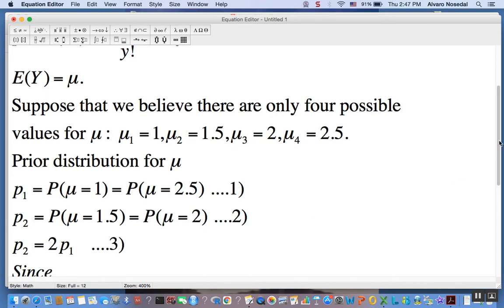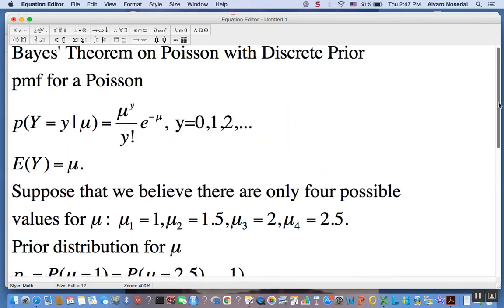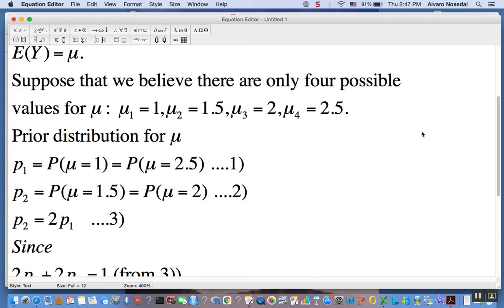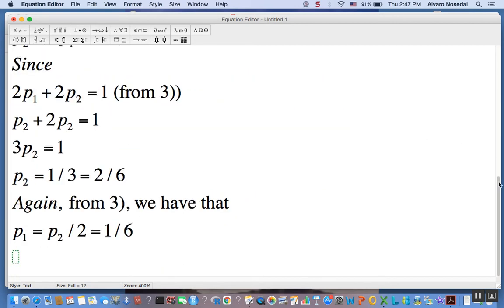Okay, so now we have our 2 ingredients, right? This one here is going to help us model our likelihood, and now we have our prior.